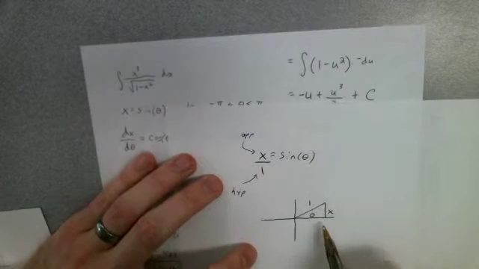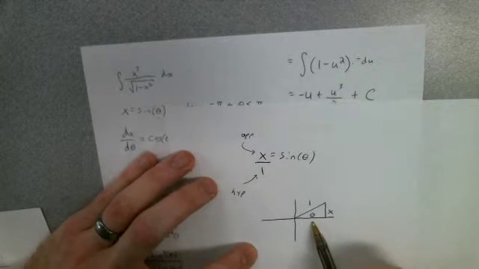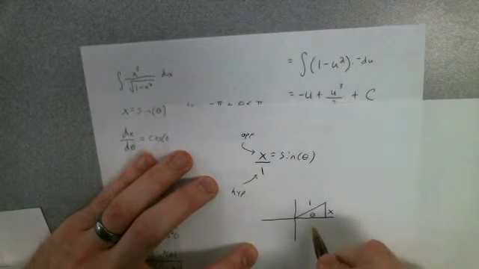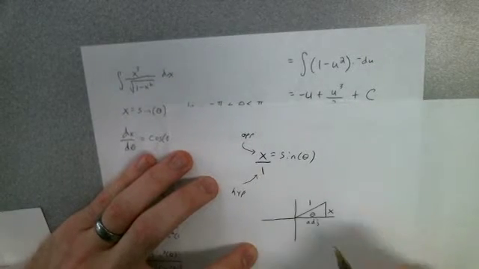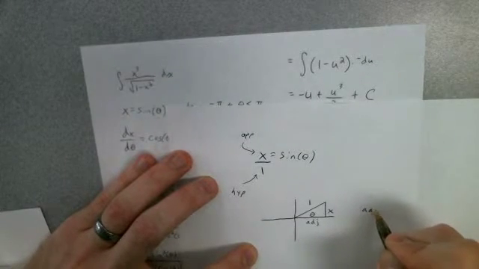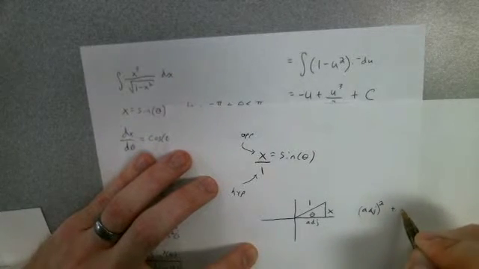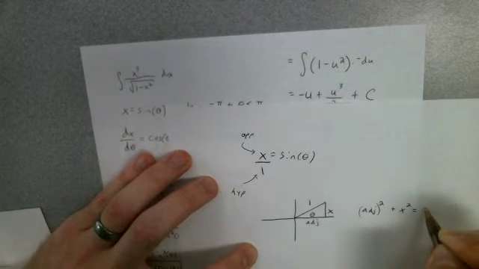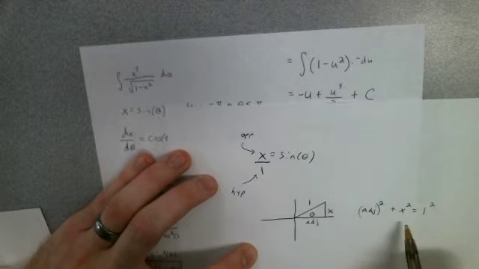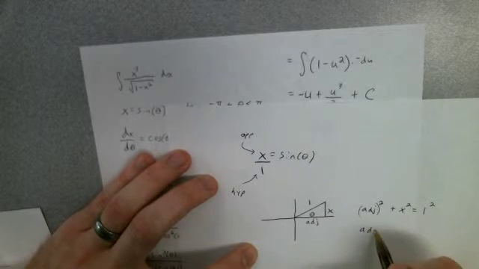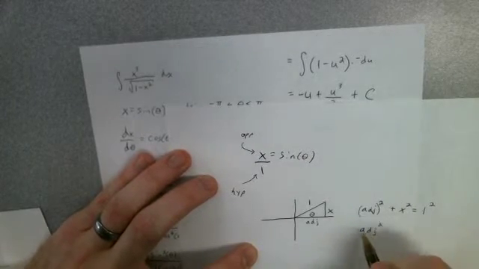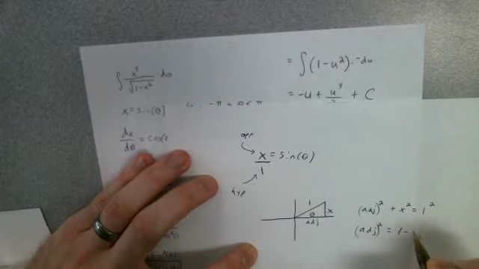Now, using the Pythagorean theorem here, we can get the adjacent side. We don't know this guy, the adjacent side. Well, we do know that the adjacent side squared plus x squared is equal to 1 squared. So if we solve for it, the adjacent side squared is equal to 1 minus x squared.